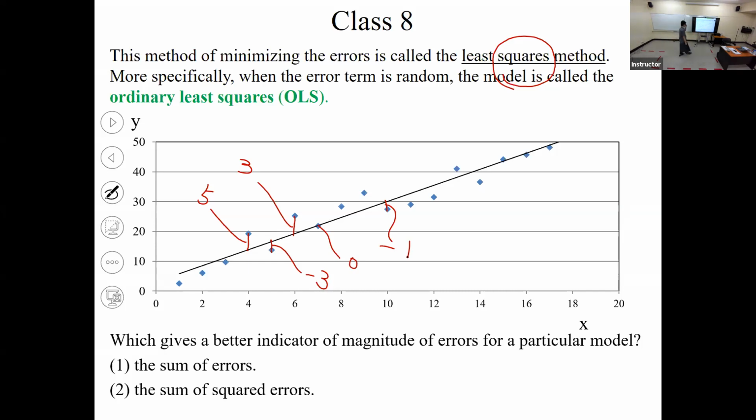When you consider the sum of errors, what will happen? You take the sum of all these numbers. Because the error is supposed to be random, these dots appear on both sides of the line. So error terms are both positive and negative. If you take the sum, it will be close to 0, because the positives and negatives cancel out.